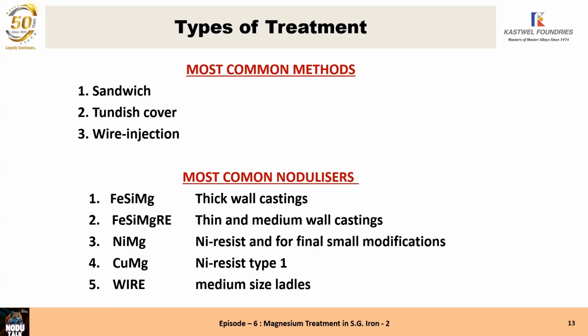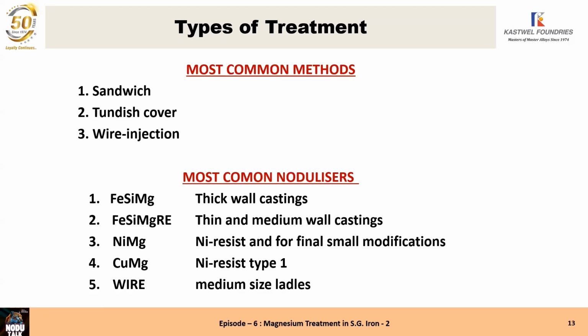Ferrosilicon magnesium rare earths is for thin and medium wall castings. Nickel magnesium is for high resist and eventually final small modifications when the treatment is done but the magnesium level is too low. Copper magnesium is used for high resist type 1, and the wire nodulising is for medium size ladle.